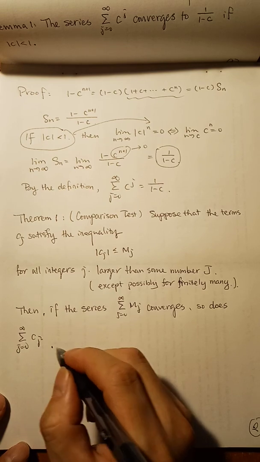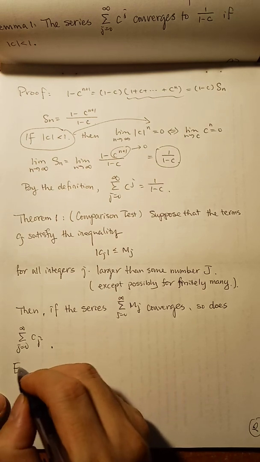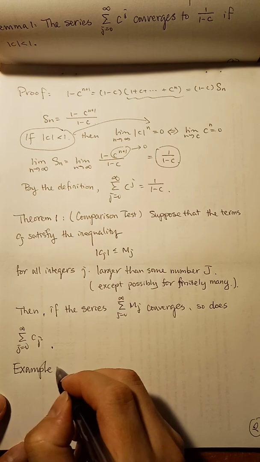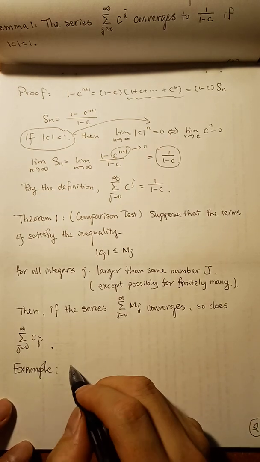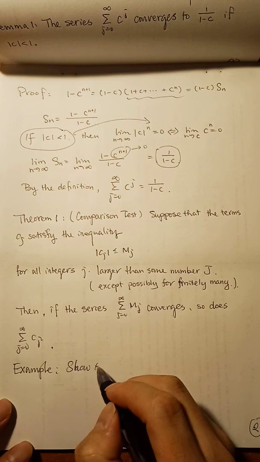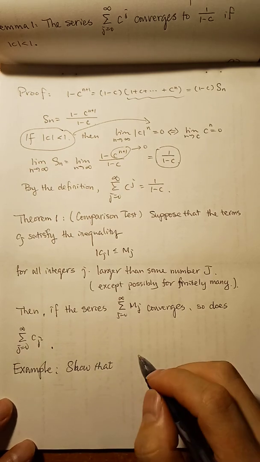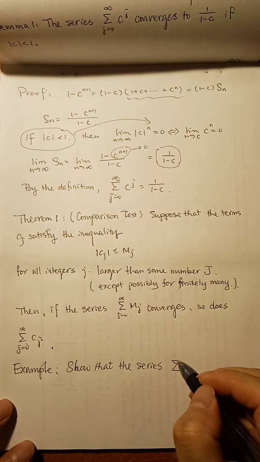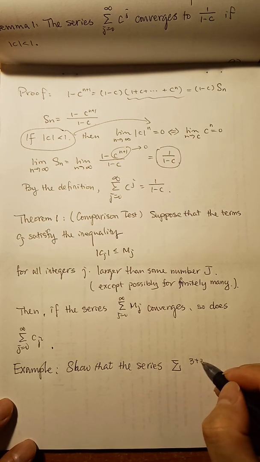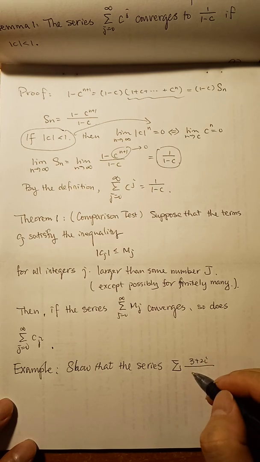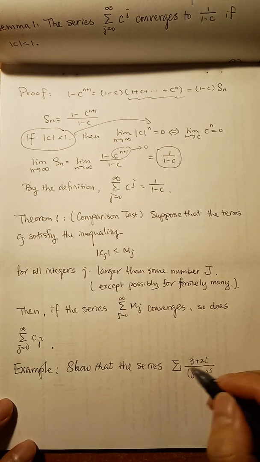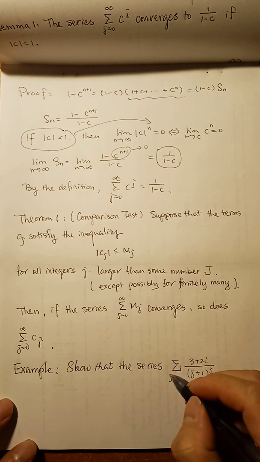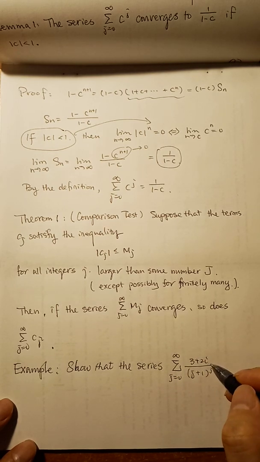Let's see the example. We're not going to prove it. So the example: show that the series (3 plus 2i) over (j plus 1) to the j's power, j from 0 to infinity, converges. 3 plus 2i is a complex number. j plus 1 to the j's power is a real number, an integer.